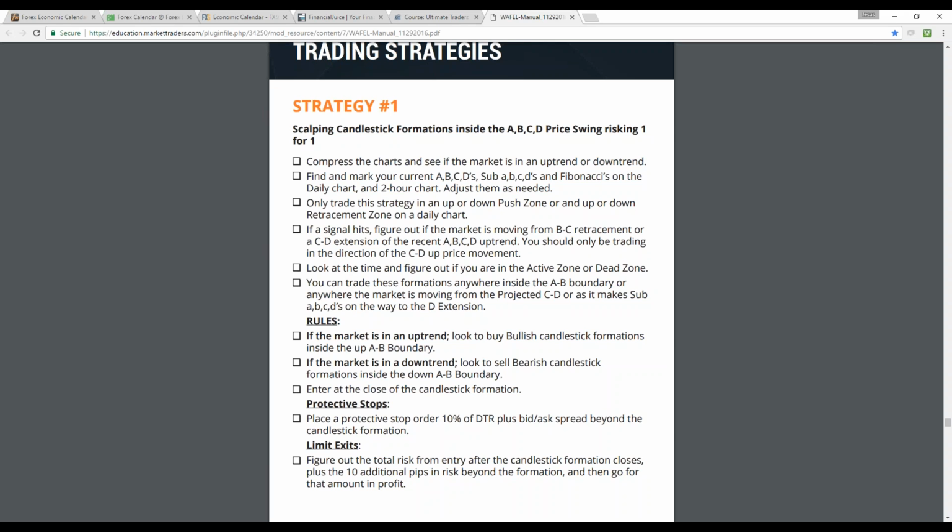Now, on average, for the pairs that we generally trade, you will find them to be between 3 and 5 pips, which gives you the opportunity of taking a fixed number. Many traders use 5, and use those 5 pips in addition to the 10% of the DTR to calculate your stop. So if selling, you take 10% of the DTR, you add 5 pips, and that's where you'll place your stop above the candlestick formation high.